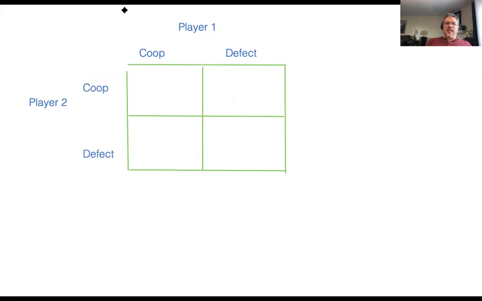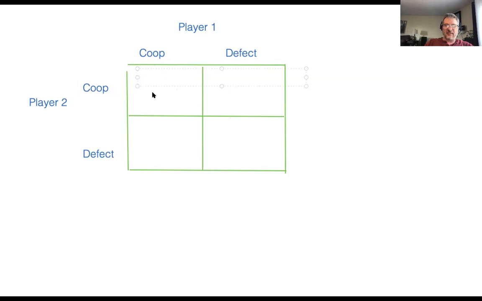And so then normally within each of these cells in this table, you'll put the payoffs to the players from them jointly pursuing a strategy. So for example, cooperate and cooperate would normally mean you get something like cartel profits, high monopoly profits.